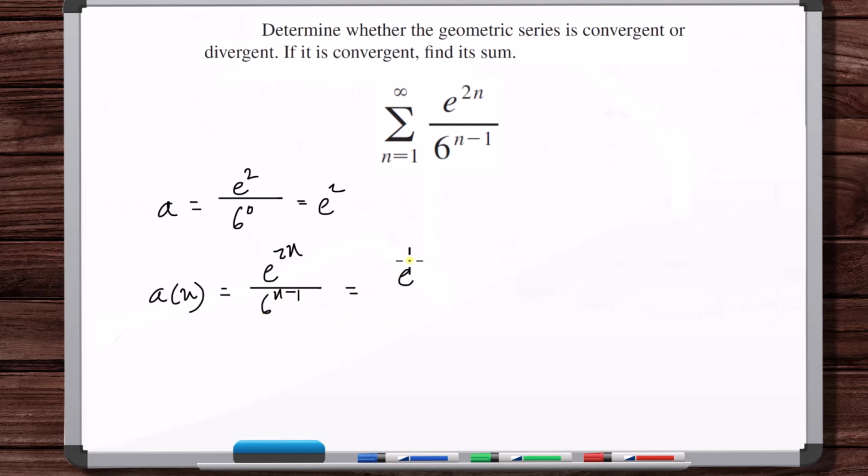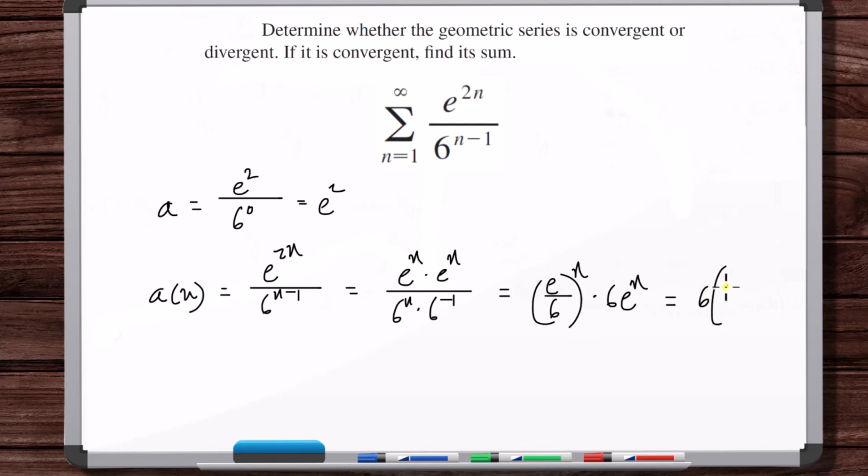We can write this as e to the n times e to the n over 6 to the n times 6 to the minus 1. This is based on properties of exponents.